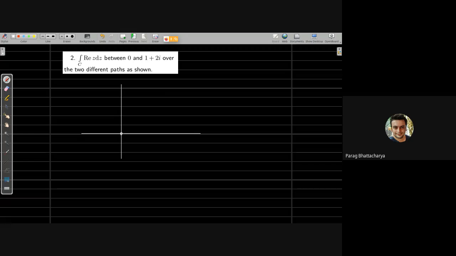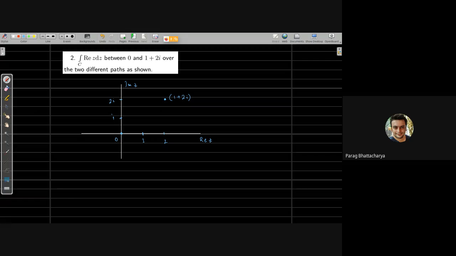So we have 2 points. The first point is 0, and the other point is 1 plus twice I. So let's say this is 1, this is 2, this is the real part, and this is the imaginary part of z. So this is 1, this is 2, this is I, and this is twice I. So the final point will be this one. This is 0 and this is 1 plus twice I.